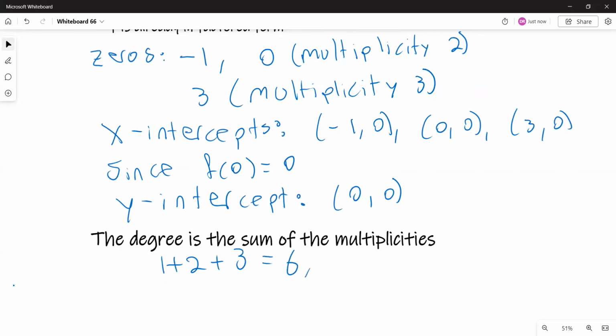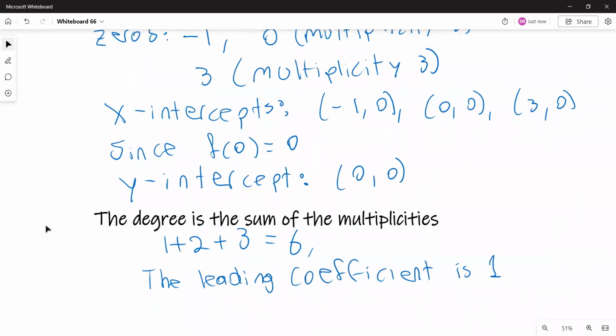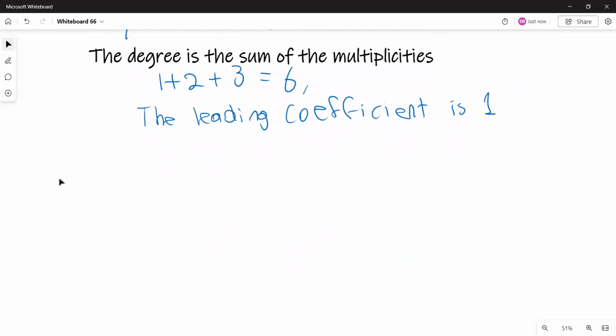And the leading coefficient is 1. So the end behavior is going to be rising to the left and rising to the right.